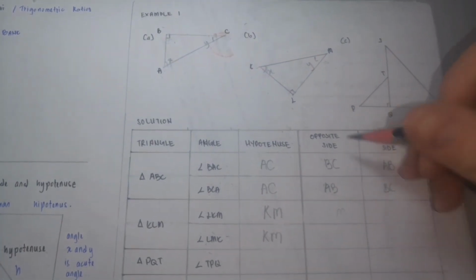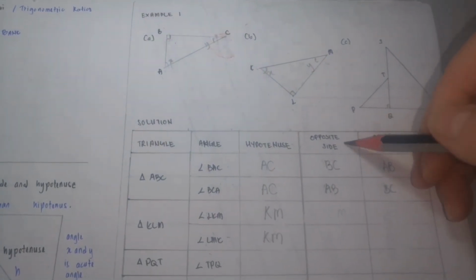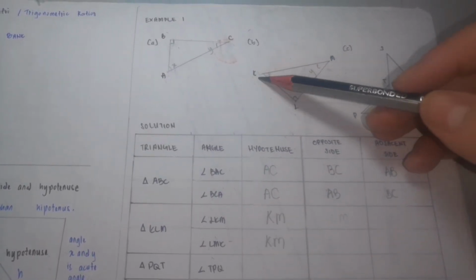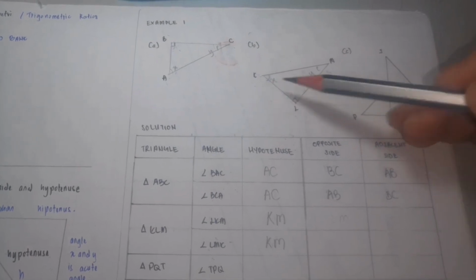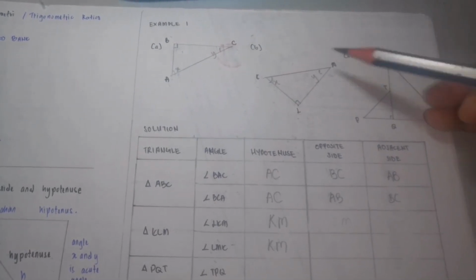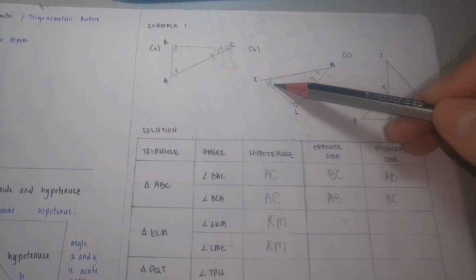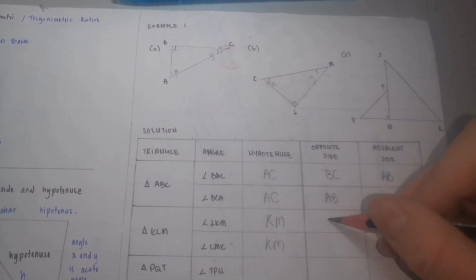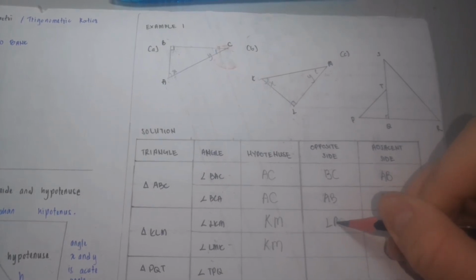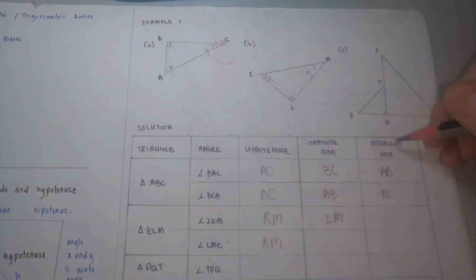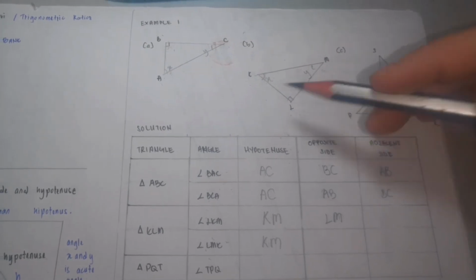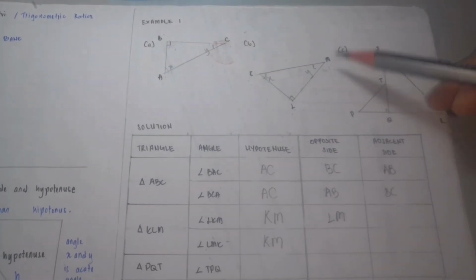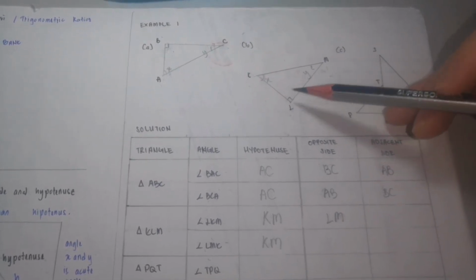Very well. Let's go to the opposite side of LKM. The opposite side of LKM is LM. Let's see, the angle is here, and the opposite one is LM. Very good. And we have the adjacent side. We have already written KM and LM, right? So the line left is KL.